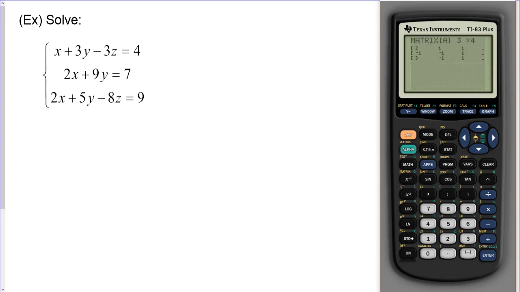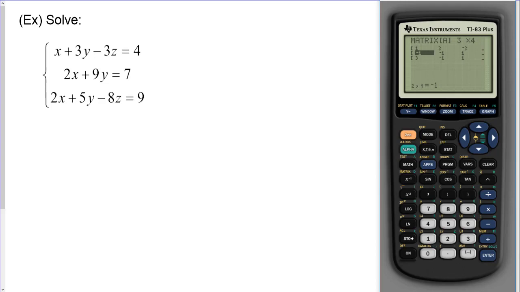I'll edit matrix A, which still needs to be 3 by 4. I still have 3 equations and 3 variables plus my constants. And I'm just going to enter the new coefficients of this system. So 1, 3, -3, 4 for the first equation, which was x plus 3y minus 3z equals 4.